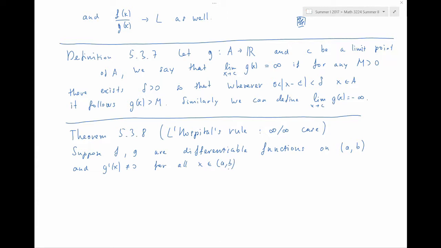Since in the case of such infinite limits, most of the time we're going for one-sided limits, here we're not talking about the interior point c, we're actually going to let x converge to a, and you can see how you can alter the definition of this theorem to also cover the case when x converges to b.